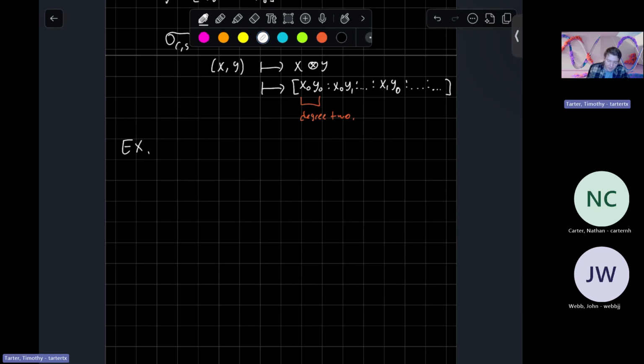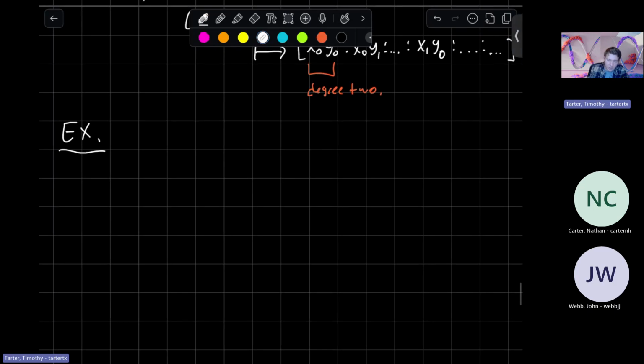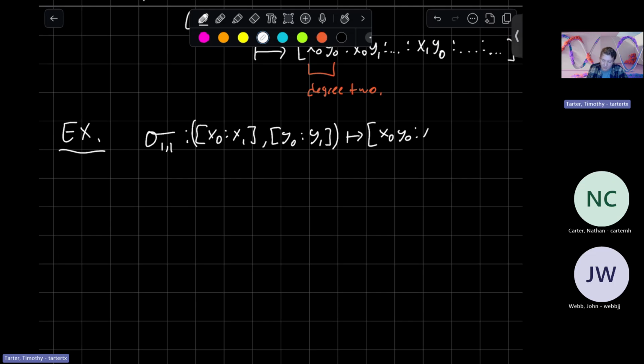As a computational example, consider the 1-1 Segre map, sending pairs x naught, x1, and y naught, y1 to x naught y naught, x naught y1, x1 y naught, and x1 y1.